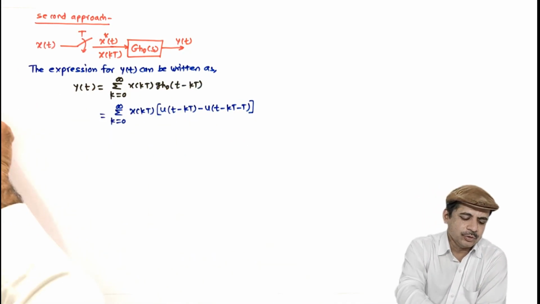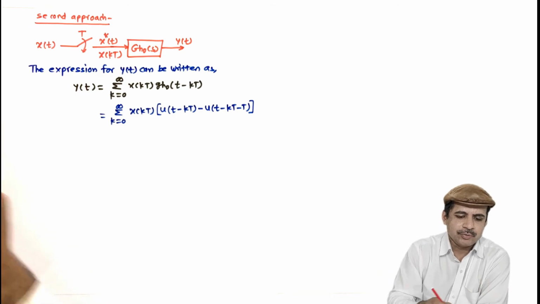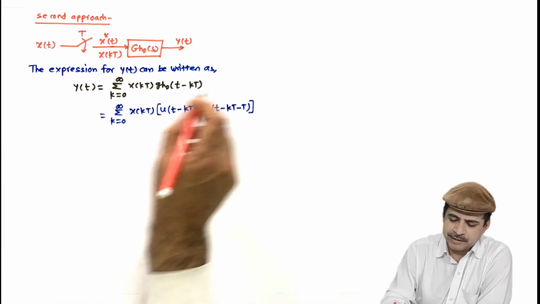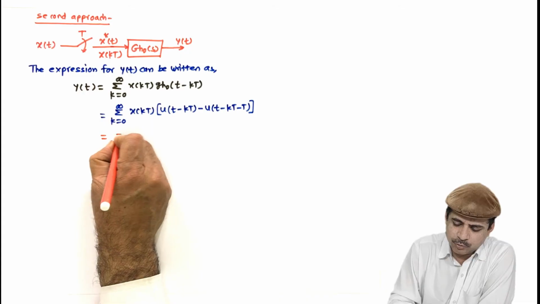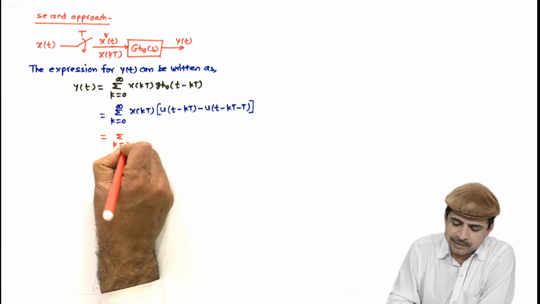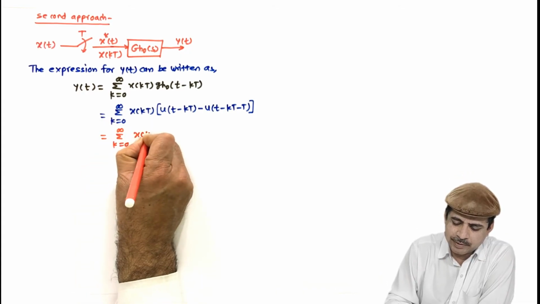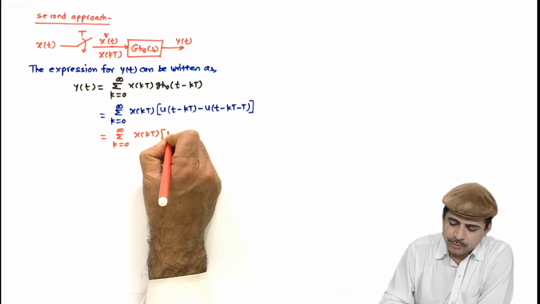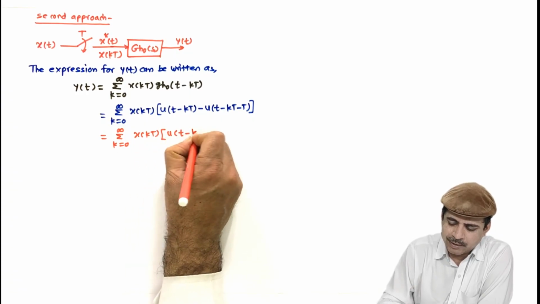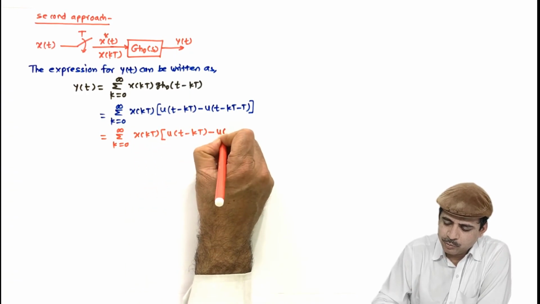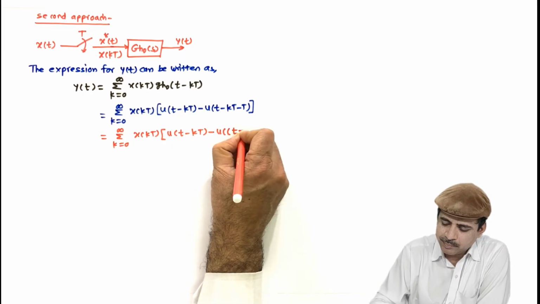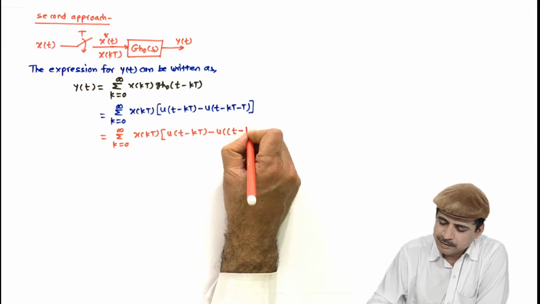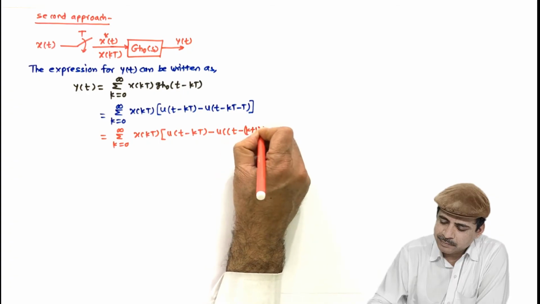And now what I will do, I will take the Laplace transform on both sides. Or let us do one more simplification. This will be x(kT) into u(t minus kT) minus u(t minus (k plus 1)T).